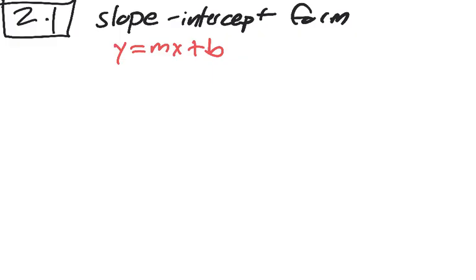If you see an equation that's in this form, what's the graph going to look like? These are lines, right? Everything we're doing in this chapter is all about graphing lines. I've not really said that yet, but here's how you know you'll be graphing a line.